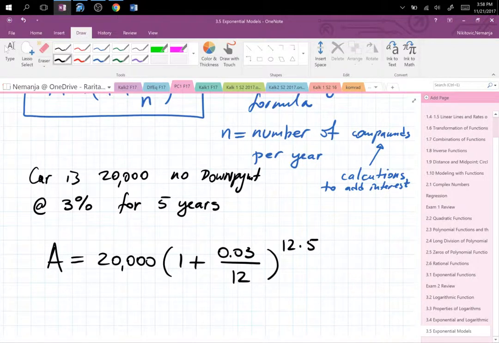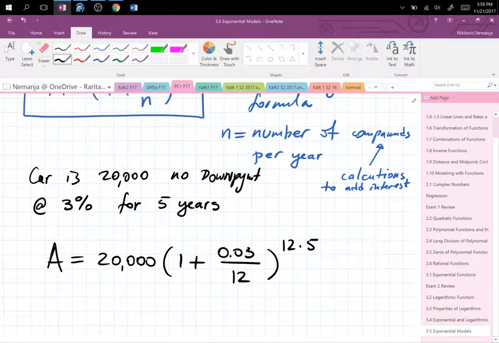And now you calculate. This is something that you can punch in a calculator in one shot, using parentheses if you're using an 83 or 84, and get the answer in one shot. Make sure that you are rounding to 2 decimals for cents. Don't give me 17 decimals there, because cents are just 2 decimal places.